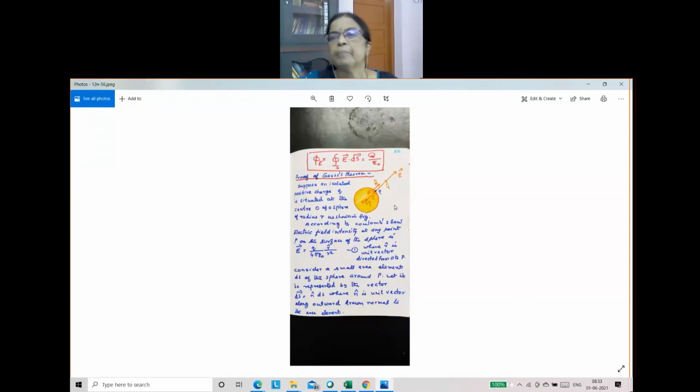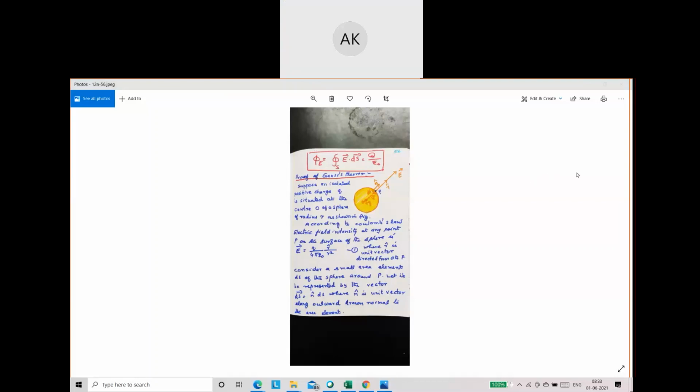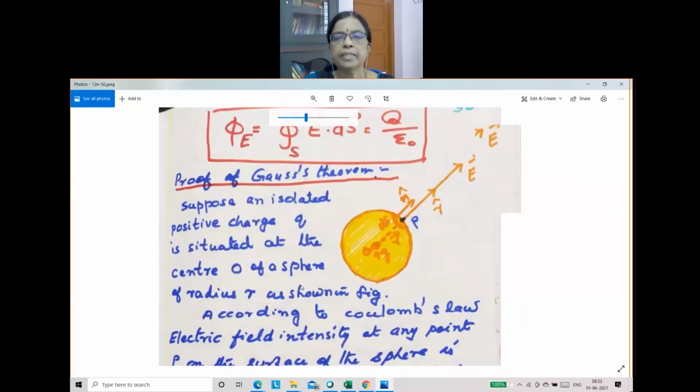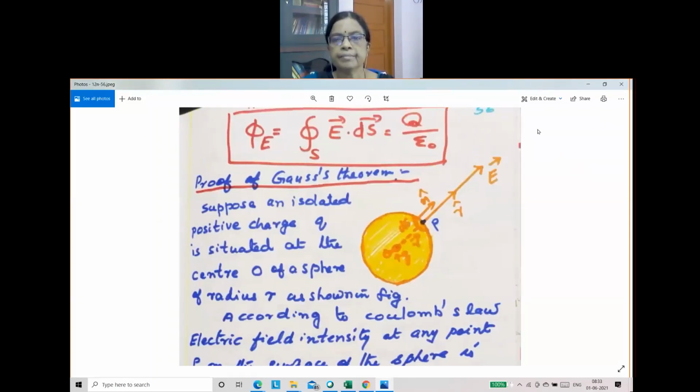Proof of Gauss's theorem. I will ask here. First, explain the figure, children. Last two. Adil Krishna, you explain the figure. What will you explain when a figure is drawn like this for the proof of Gauss's theorem? What things can you see here?